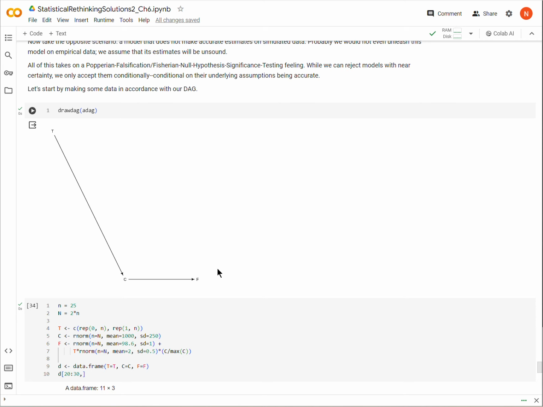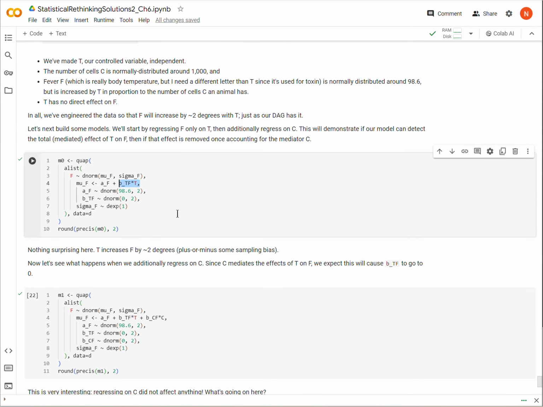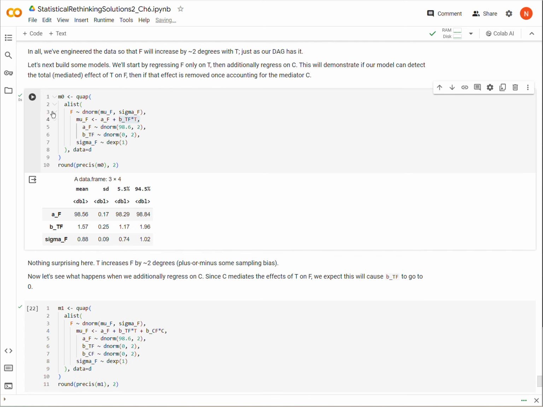It's just going to be that whole loop there, unimpeded by conditioning on C. So I run this, and this is what I get. It's about as we expected. The effect of T on F, toxin on fever, is about what we expect, kind of approaching 2.